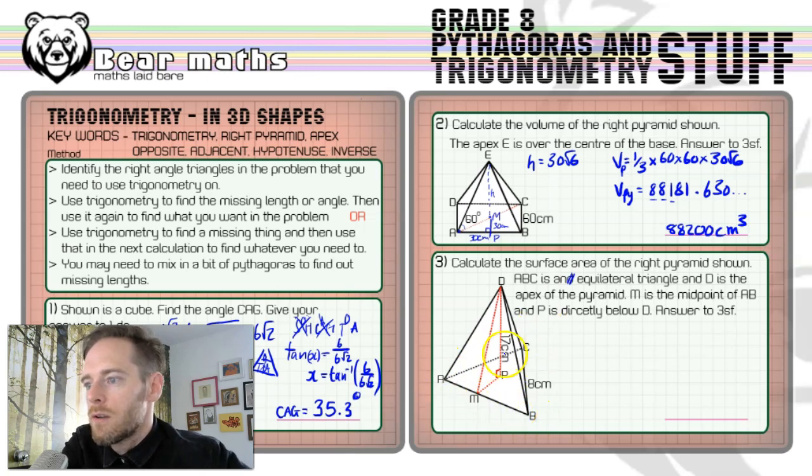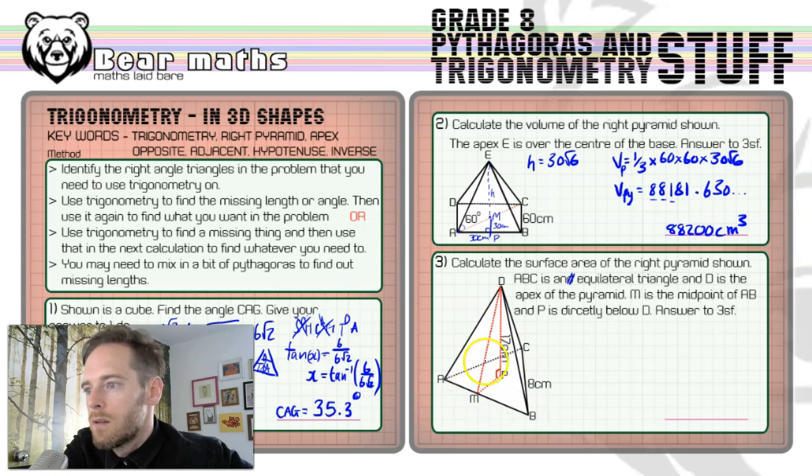Fine. So the process here is, again, let's figure out where we need to start. Ultimately we need to work out what this length here is, M to D. Imagine unfolding this shape, and you'd need to work out the area of each of its faces. If you unfolded this shape, you'd have a net with an isosceles triangle there, and a congruent isosceles triangle there, and a congruent isosceles triangle there, and you'd have the equilateral triangle in the middle.